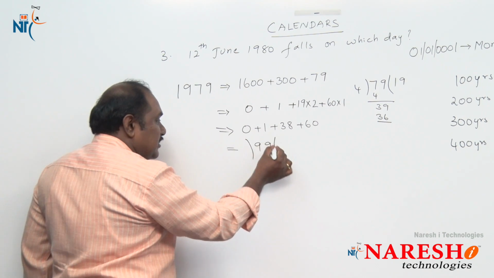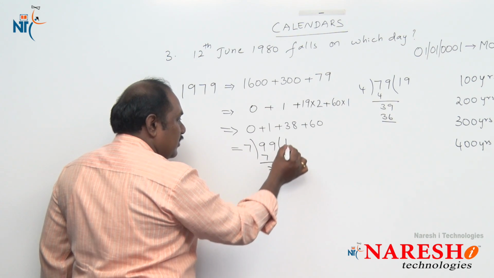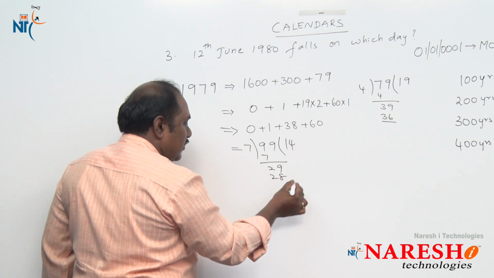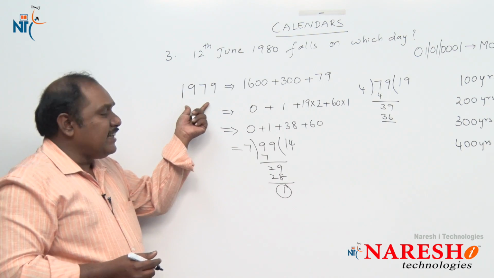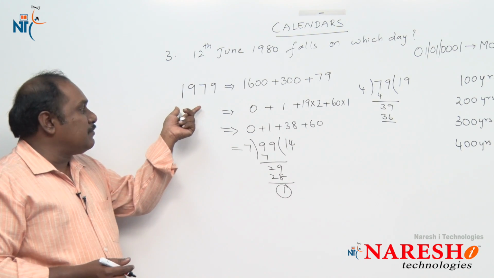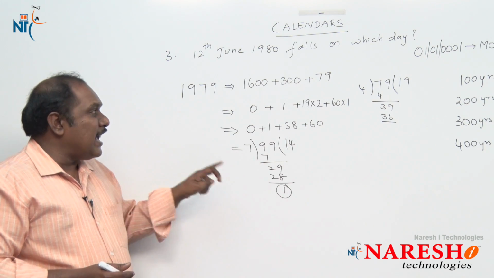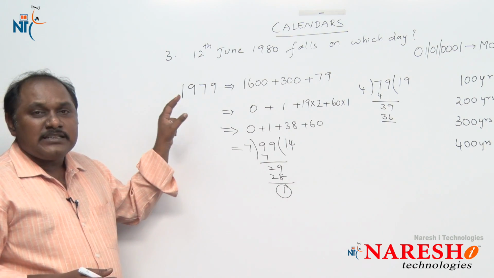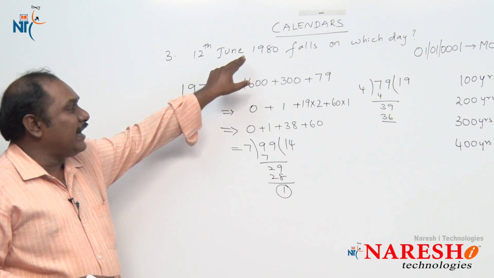Divide 99 by 7. 7 ones are 7, 29, 7 fours are 28, remainder is 1. So till 31st December 1979 we have 1 odd day. So according to the calendar, 31st December 1979 should fall on Monday.